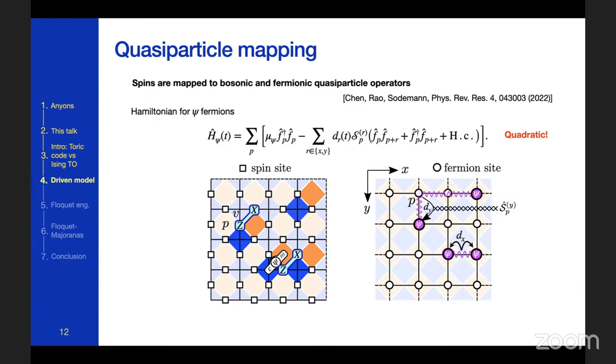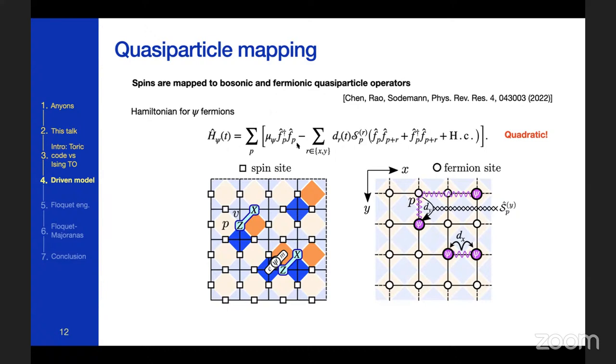So something similar to a picture, but in our case, it needs to take into account that we have multiple particle types in this theory. I won't discuss the details of the mapping. The mapping is not really immediate, but it's somewhat of a Jordan-Wigner transformation. And essentially what one arrives at is that my toric code gets mapped to this model.